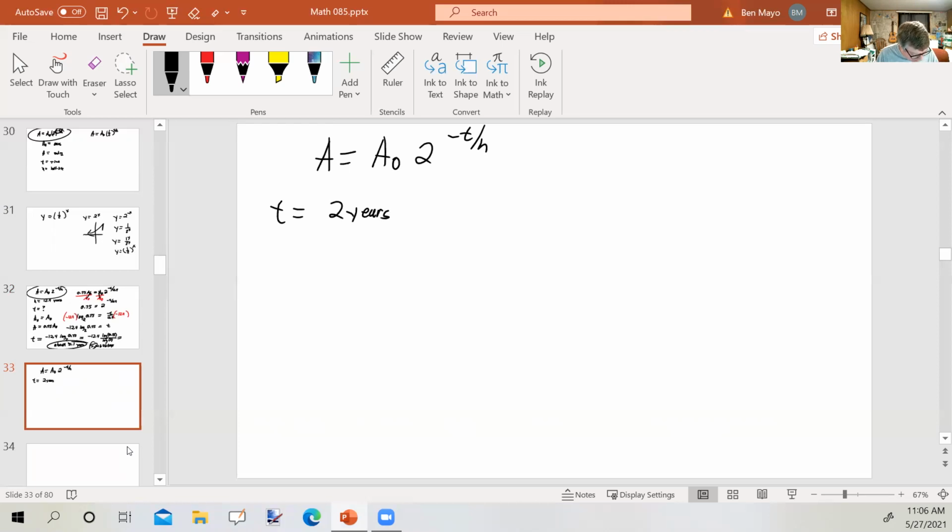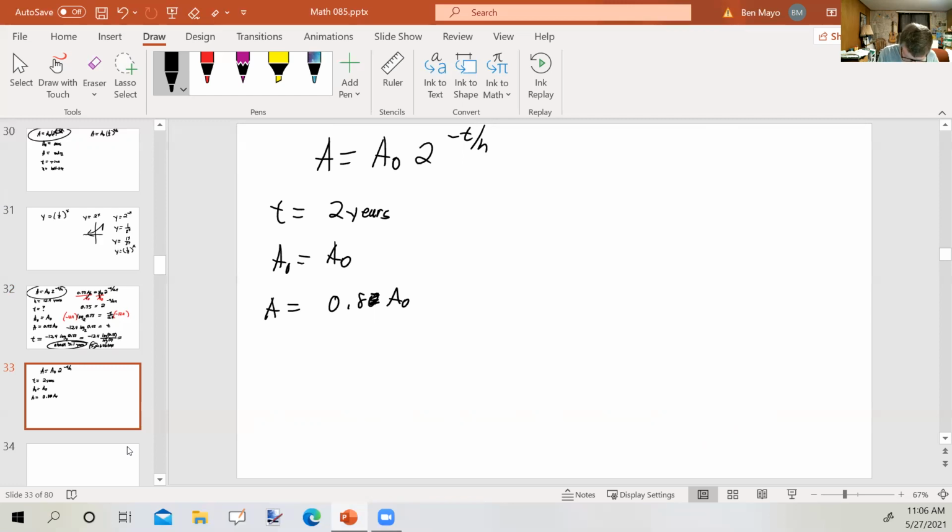It says 20% of a radioactive element decays, so we don't know the starting amount. We're just going to call it A sub 0. But if 20% decays, I have 80% remaining. So the ending amount A is 80% of the beginning amount A sub 0. And I could just write it 0.8. I don't need that 0 there.